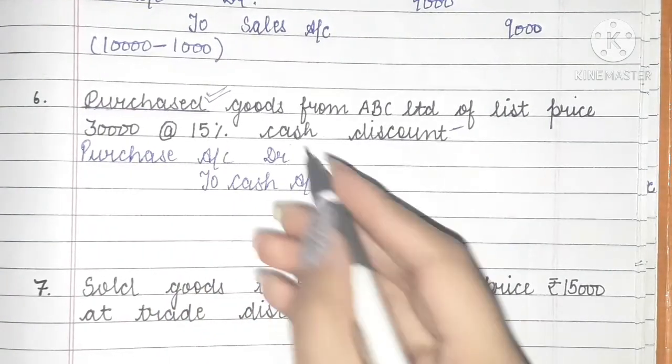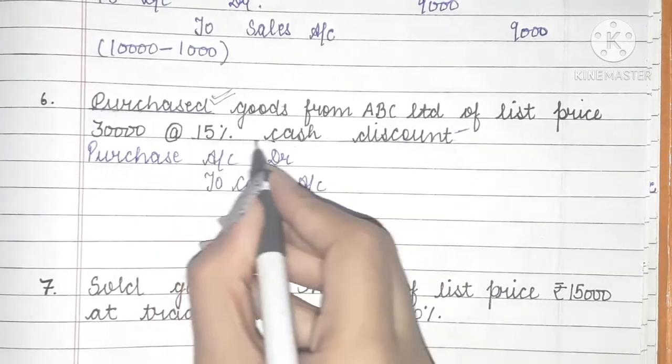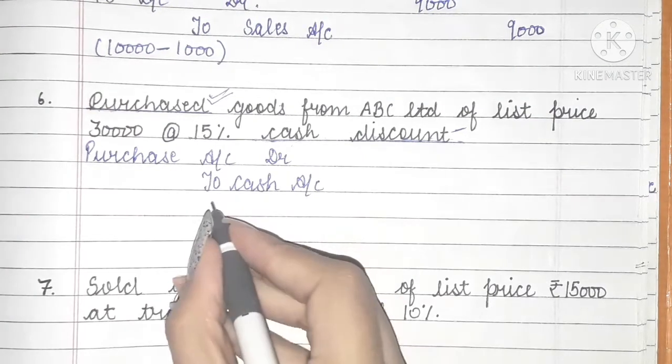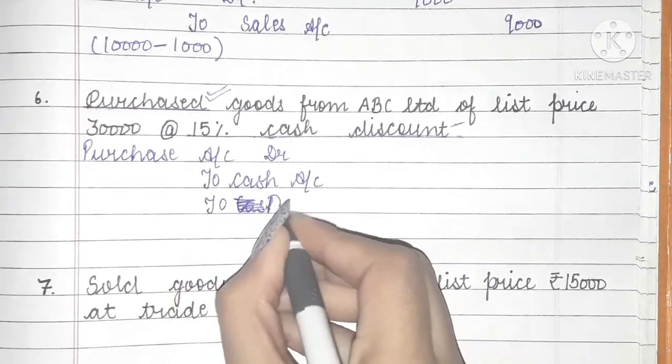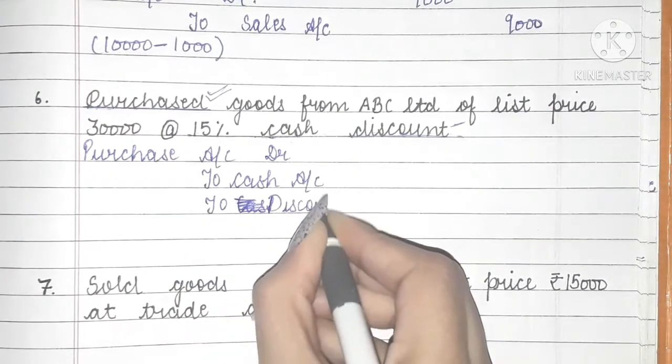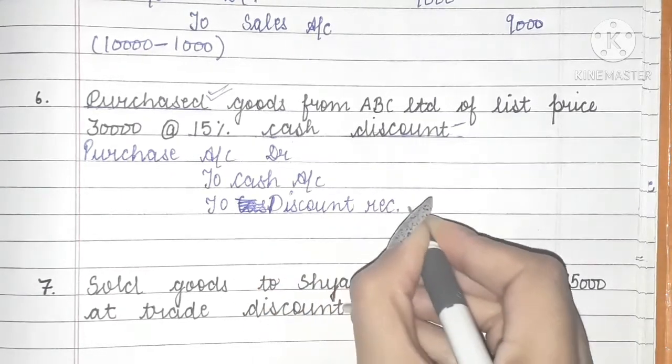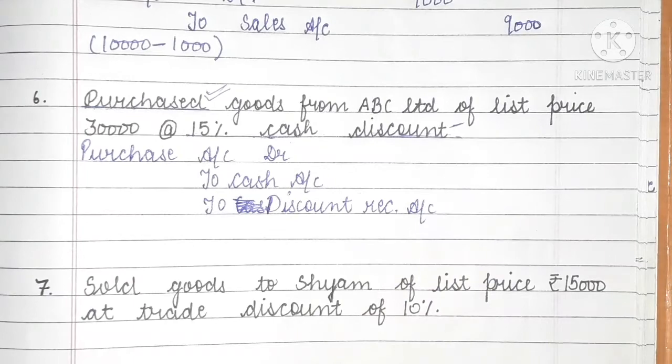And for this 15% cash discount, the entry will be to discount received account, because we are receiving the discount.